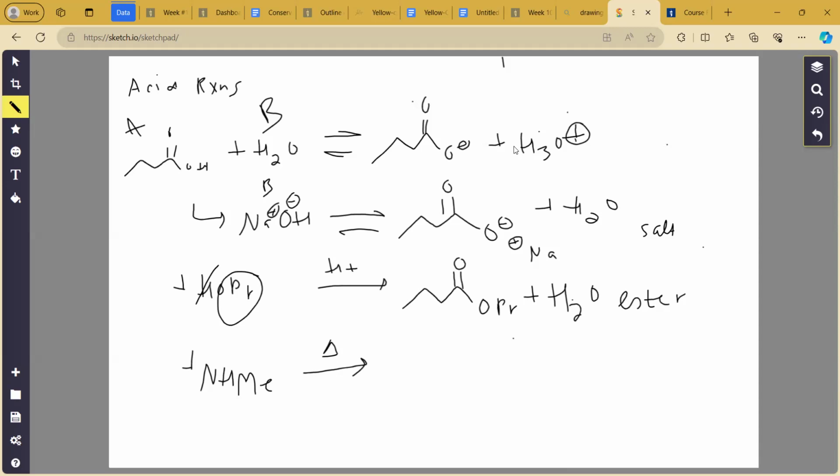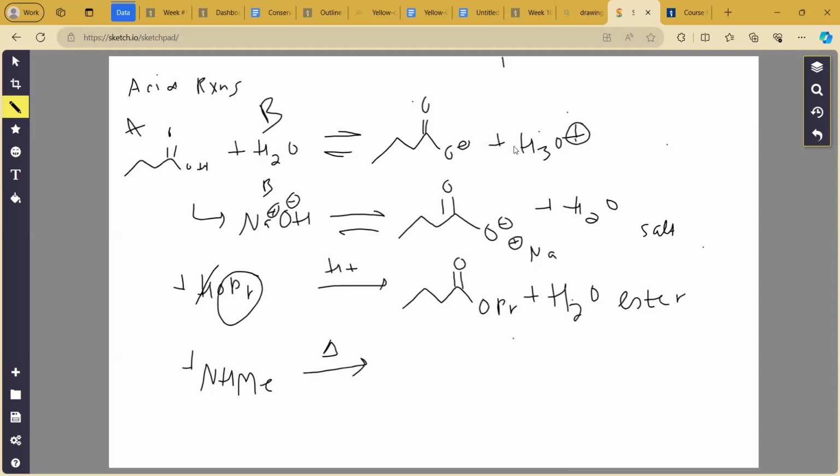Now remember, this reaction can only take place in acid. So if she does not have acid on there, you would just write no reaction. You need the acid to catalyze the reaction because the alcohol and the carboxylic acid are both acidic. So they need something stronger to power the reaction along. Do you guys have any questions about that? Okay.